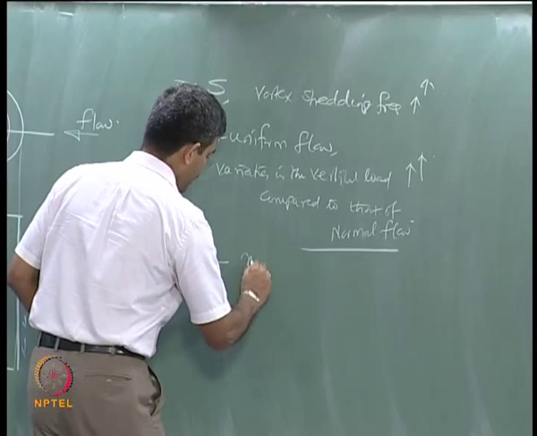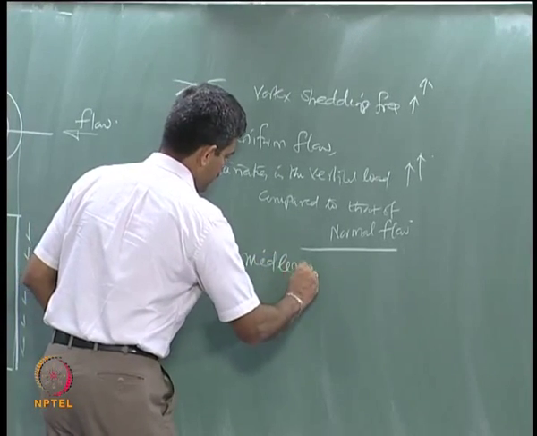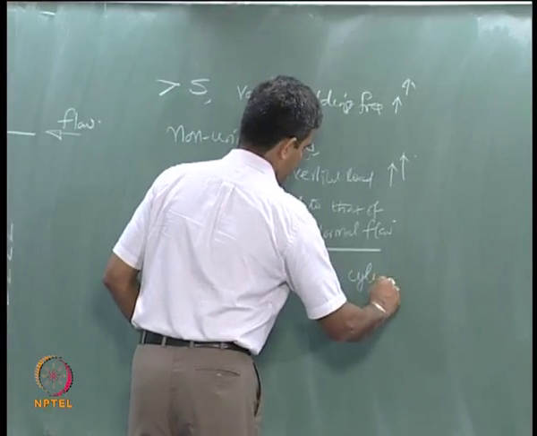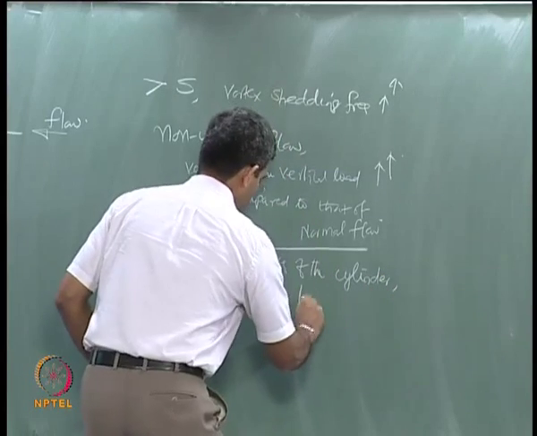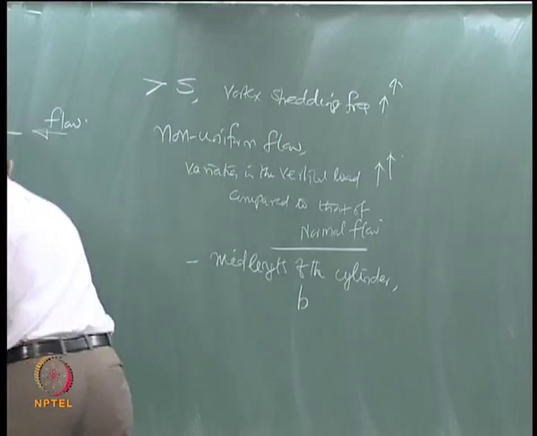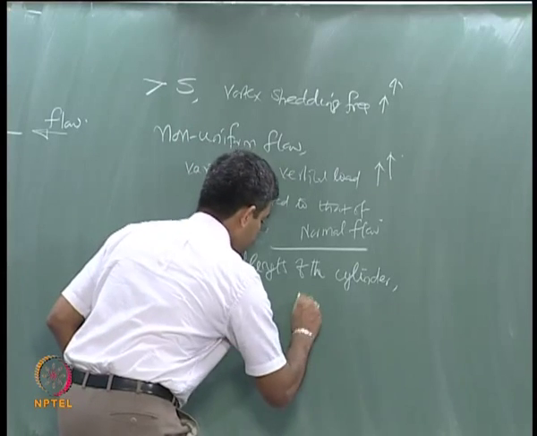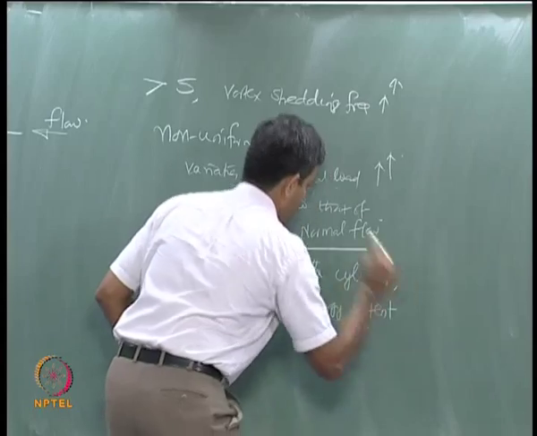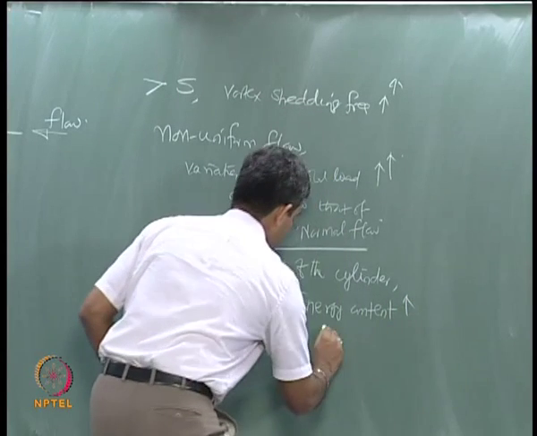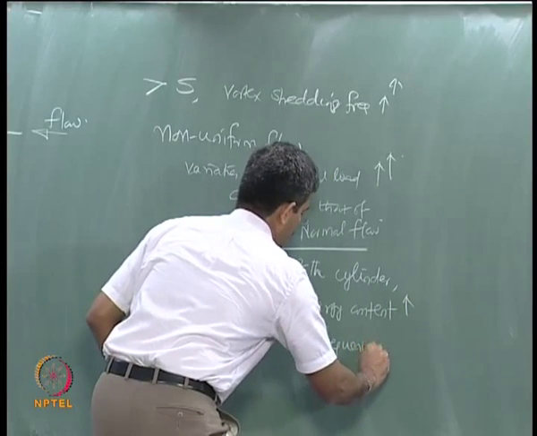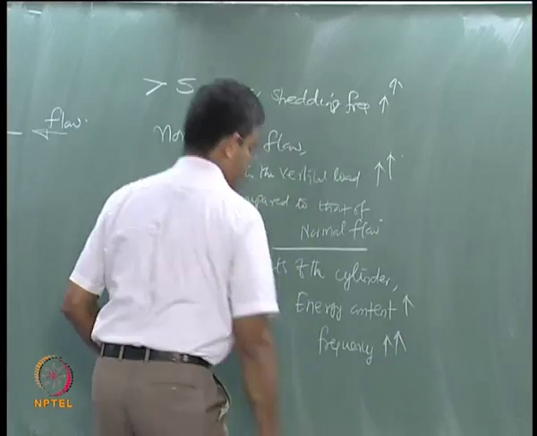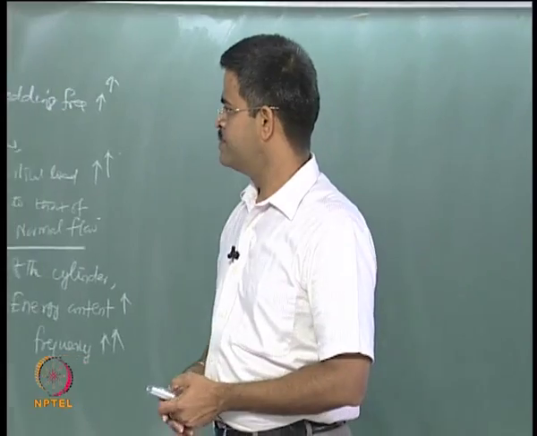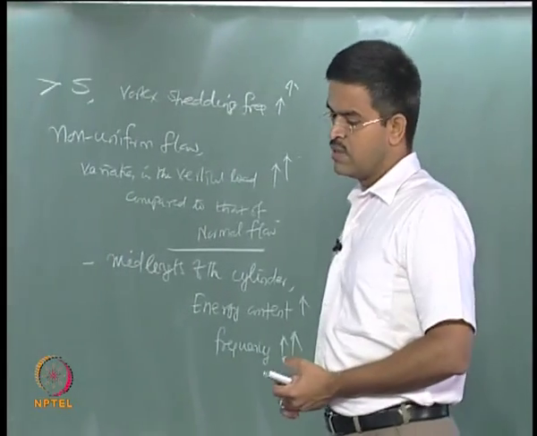So at the mid length of the cylinder the energy content will also be higher and it will occur at higher frequencies. Of course, near the surface there is a significant reduction.